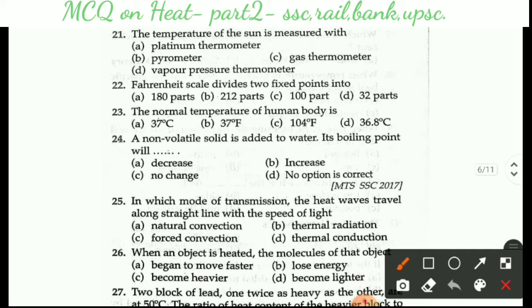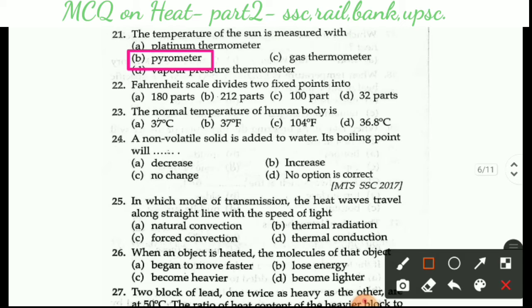Question number 21: the temperature of the sun is measured with A platinum thermometer, B pyrometer, C gas thermometer, D vapor pressure thermometer. Right answer of question number 21 is option B, pyrometer. Next question is question number 22.